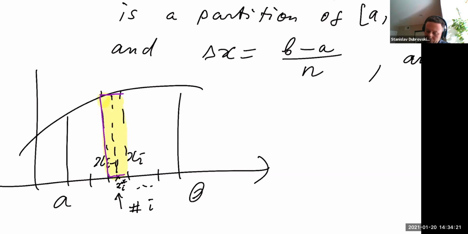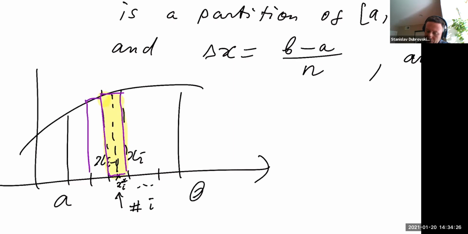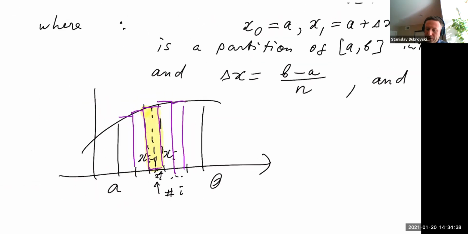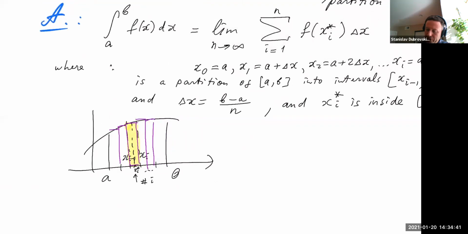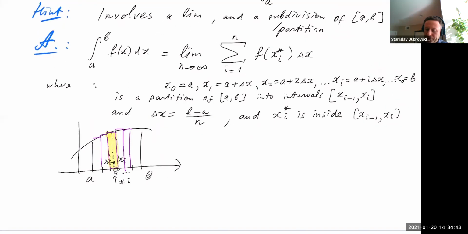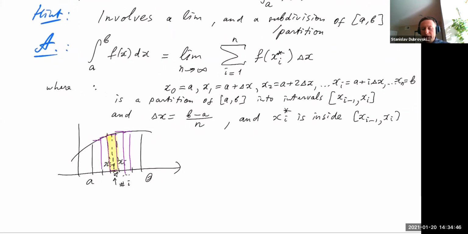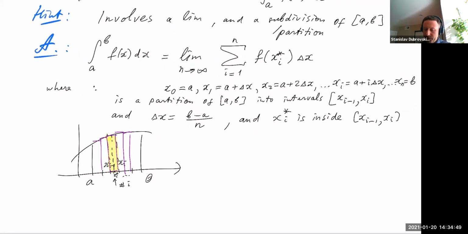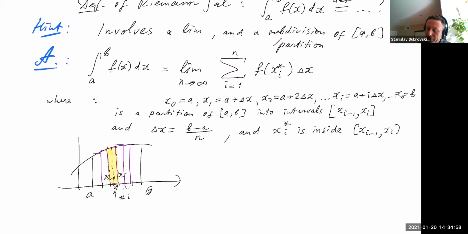And this will be an approximation. So we'll sum up all these values for each subdivision. And that will be an approximation to the whole area. And it becomes more and more precise the larger the n. And in the limit, we will get the integral, which we interpret as the area under the function if f is positive. So area is just an interpretation of the integral. Okay, good. So we reviewed the concept of Riemann integral, and this part, of course, is the famous Riemann sum.